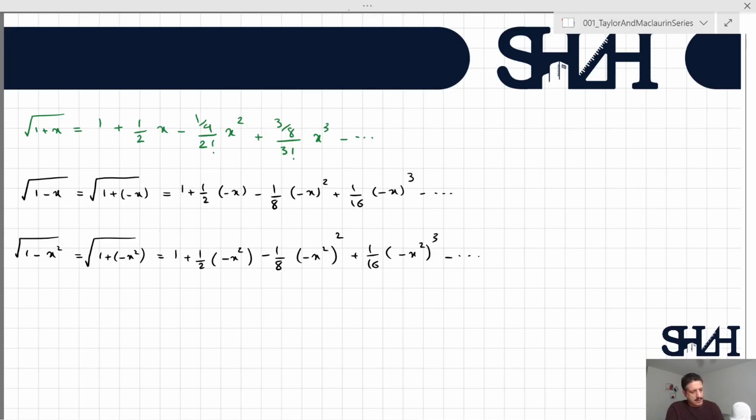So I can simplify this. The square root of 1 minus x^2 will be 1 minus 1 over 2 x^2 minus 1 over 8 x^4 minus 1 over 16 x^6, and that's simple.